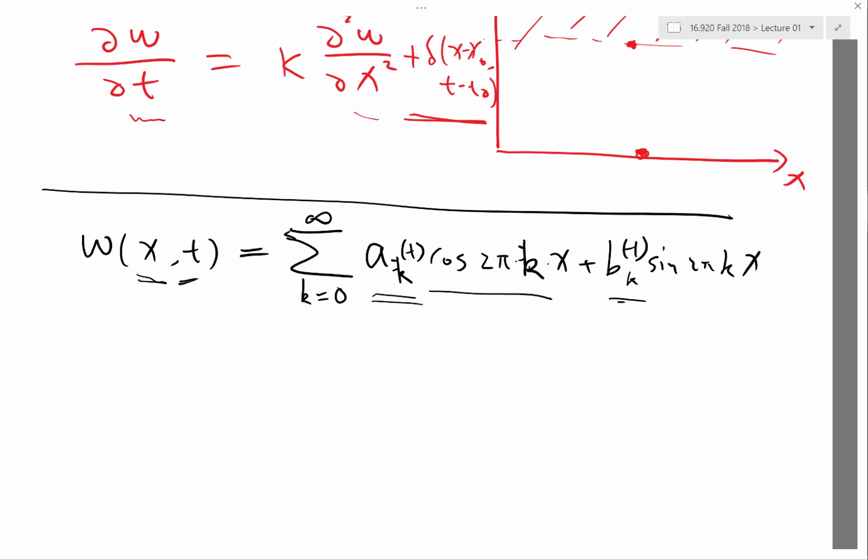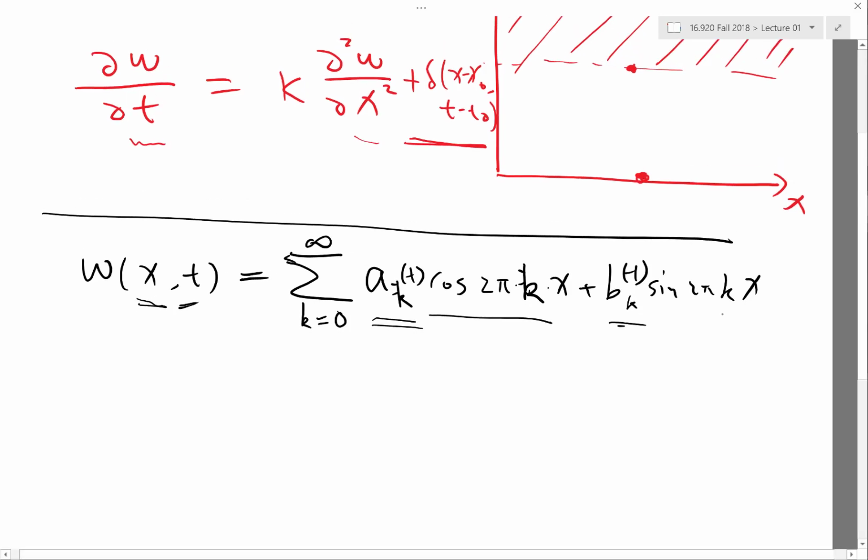So why are we doing this? We are doing this because the Fourier series is extremely benign to performing spatial derivatives. If you have sine and cosine functions and take a derivative, it's still either sine or cosine functions. If you take a second derivative, it's still going to be either sine or cosine functions. You can take as many derivatives as you want and still remain with sine and cosine functions.